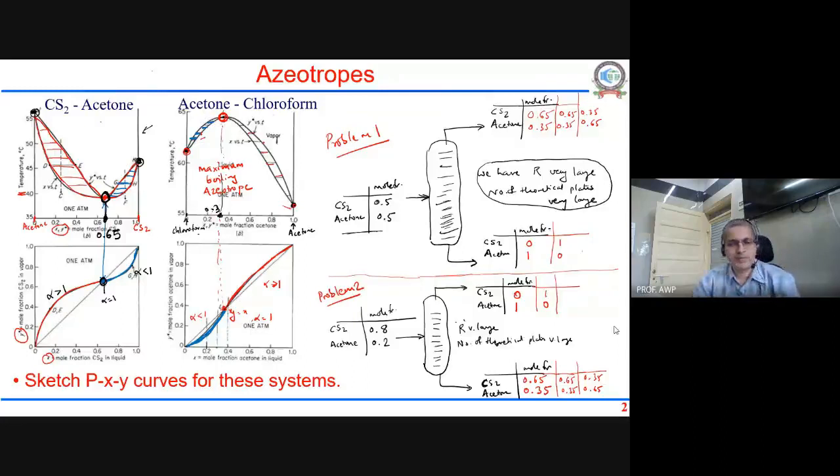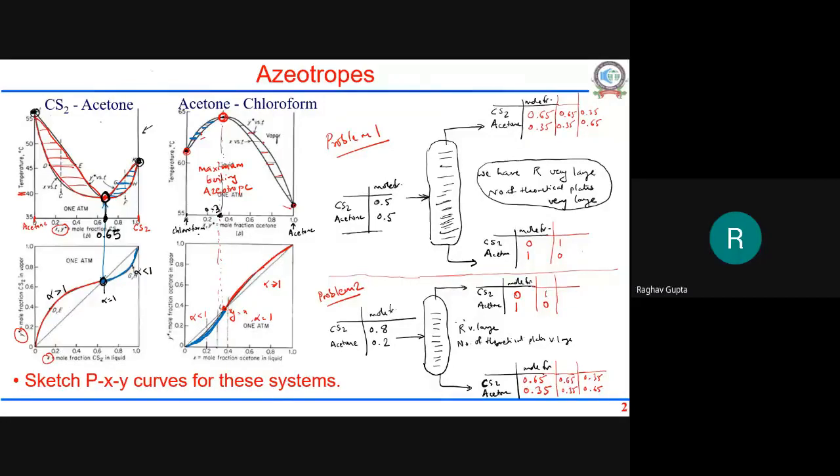Only 5 people have attempted. Other people are not even attempting. So now I will take names at random. Raghav, what do you say? Sir, in problem 2, the above composition will be 1 and 0.